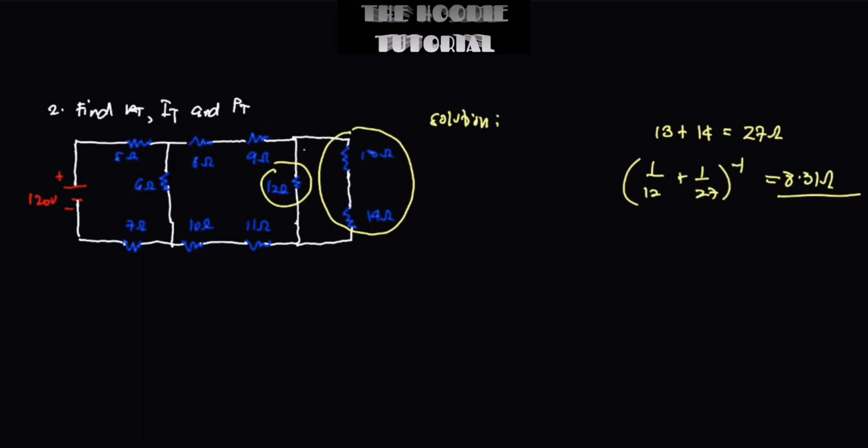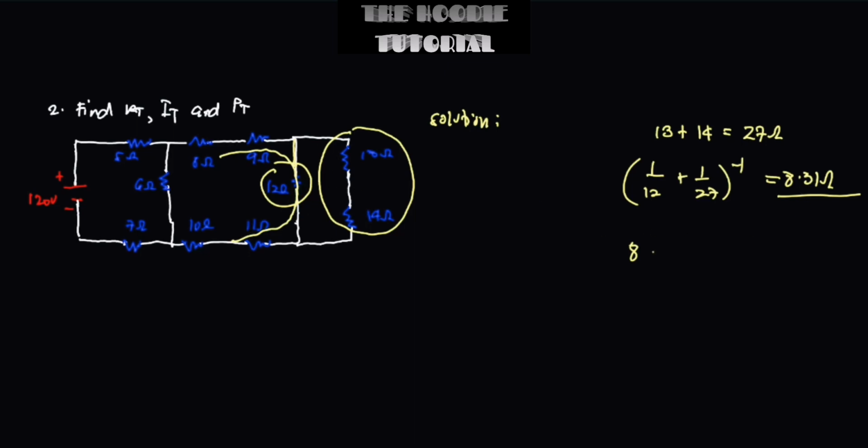Since we already have this unified resistor value, that will become only one resistor right here if you try to redraw, and then that resistor will become series to these four resistors. These are all becoming a series circuit since we already simplified these three resistors into one, which has a value of 8.31.